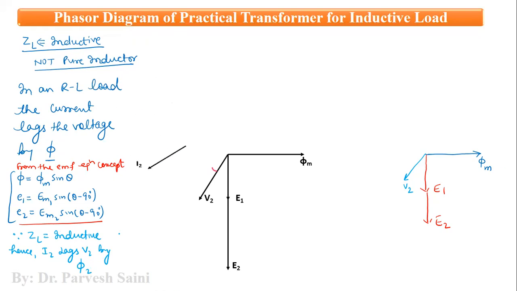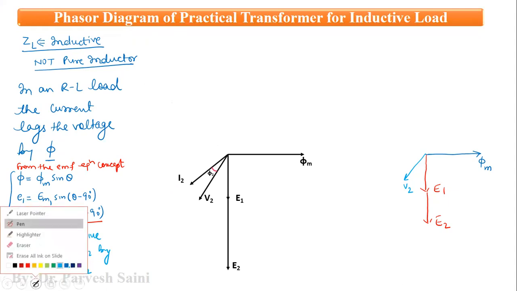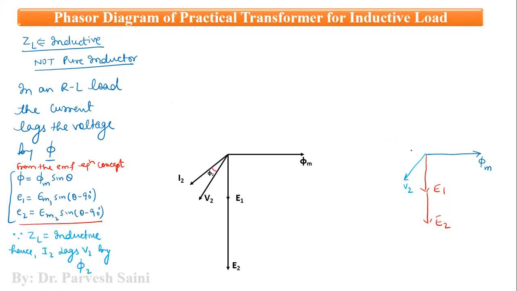So let us draw the current I2. I2 will be drawn like this, and I2 is lagging V2 by angle phi 2, as you can see in this diagram. So I2 is, let us say, this one, and these two have a phase difference of phi 2.